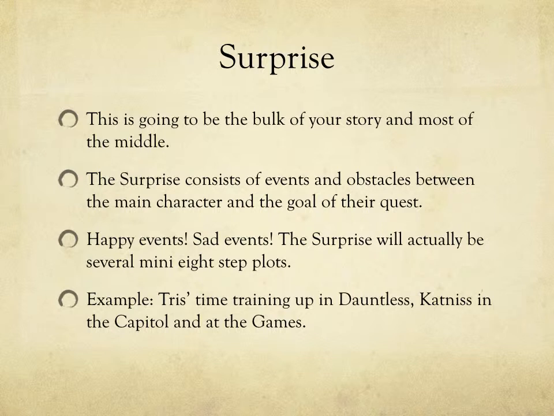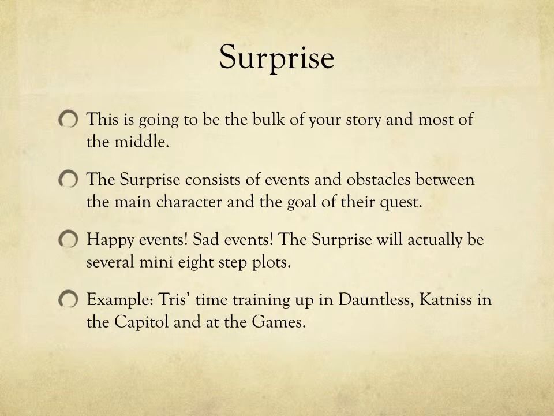For example, if you're writing a story about someone recovering from grief, maybe the first event in the surprise is they alienate their best friend, and then the next part of the surprise is their boyfriend thinks they're not there and they're not responding to him. There should be higher and higher consequences.